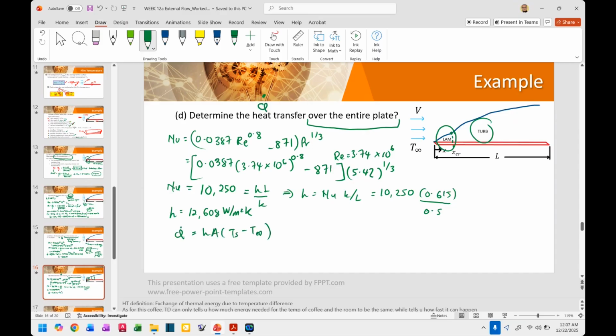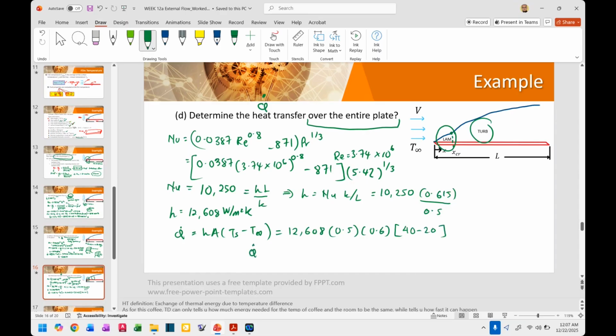Before this, you were confining yourself to just the laminar plate's area. Now this will be 12,608. Things are much easier once you get the H value. So this is 0.5 times 0.6, the surface area of the plate's top surface, and then you multiply that with 40 minus 20.